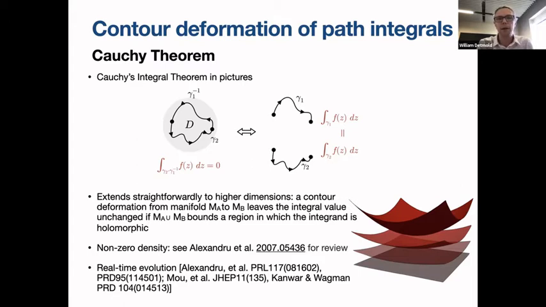And so this idea of contour deformation is something we can apply in higher dimensions. And it has been applied in other contexts in lattice field theory in higher dimensions. So in particular, in trying to deal with sign problems at non-zero density, there's been a lot of work starting with papers thinking about Lefschetz thimbles.